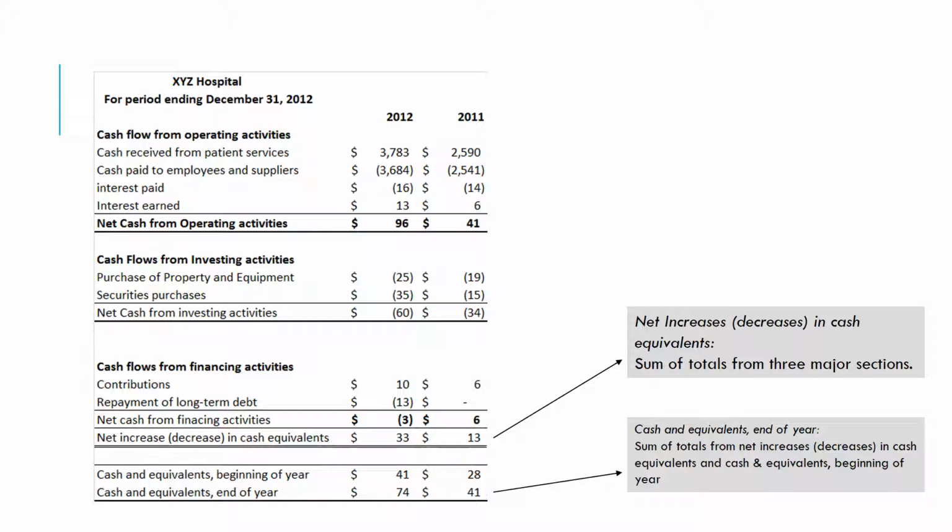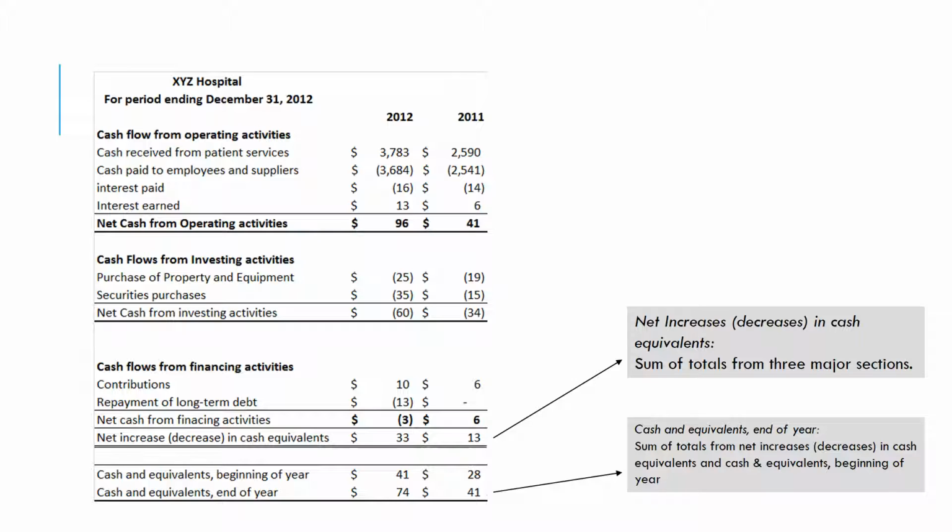Next, we have the cash and equivalents at the beginning of the year. This statement is always presented in terms of where you were last year and where you went this year in terms of your cash position. So at the end of 2011, XYZ Hospital had $41 in cash.